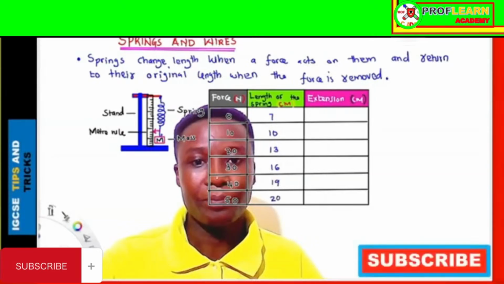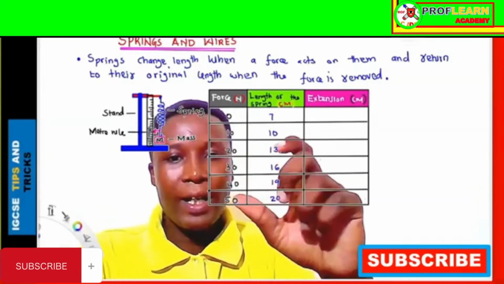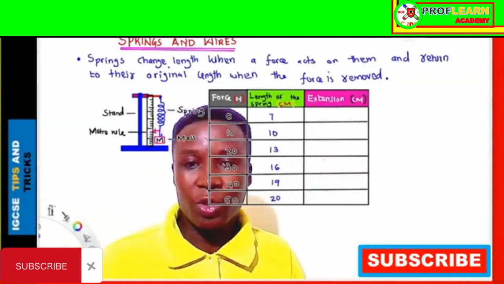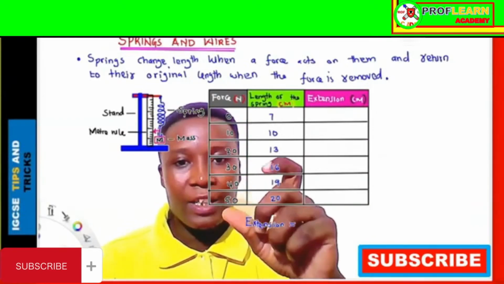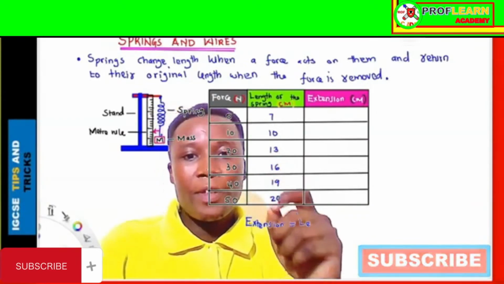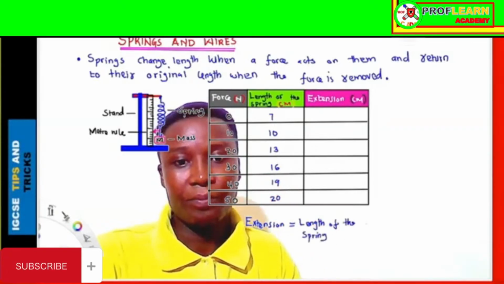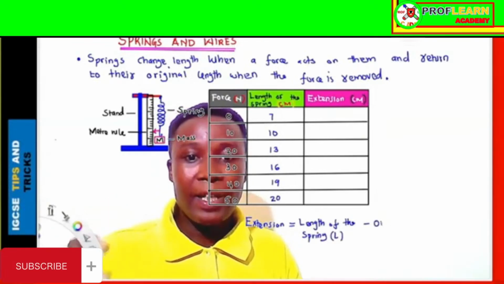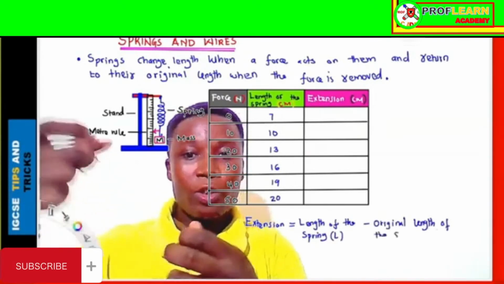Now, the next objective we have in this experiment before we draw a graph is to work out the extension. And how do we work out the extension? We're going to subtract the original length when there was no mass on the spring from the length of the spring. Because we understand when there is no mass, the spring has got some length, and when you add some mass, it's going to stretch.